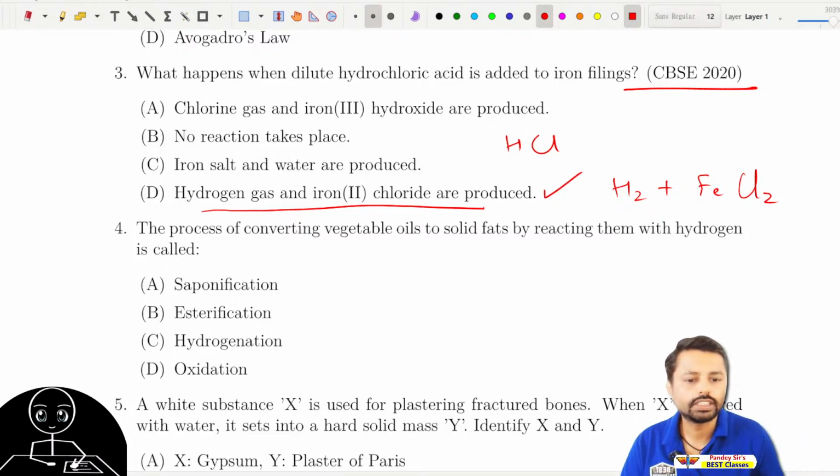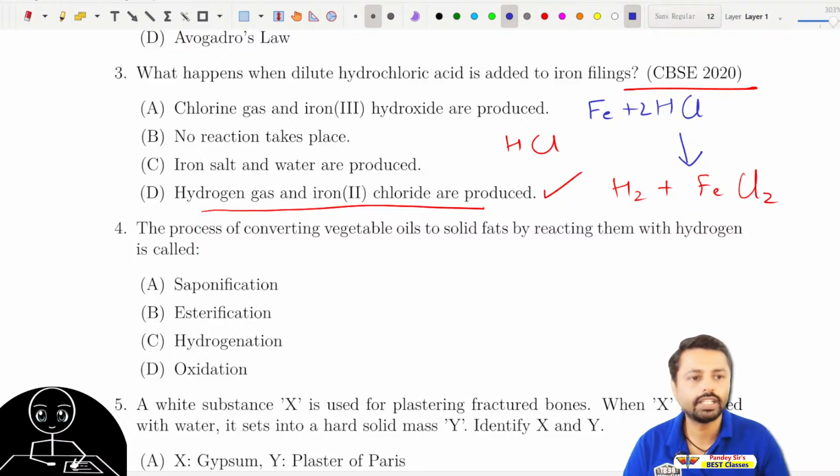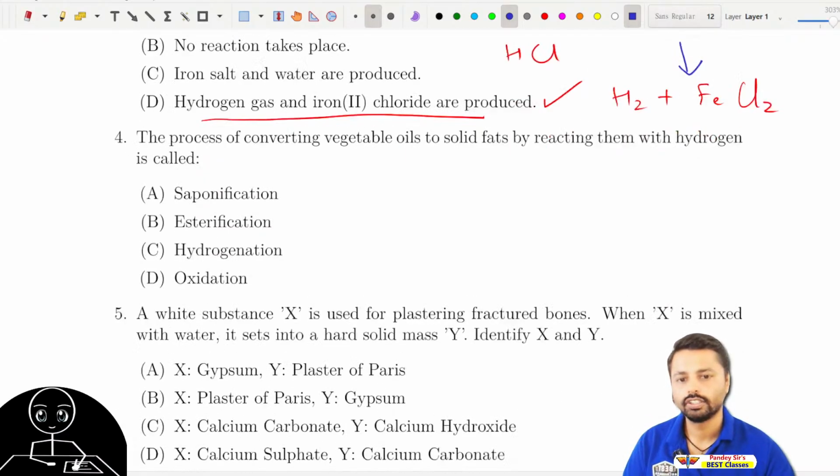Fe plus HCl will give you H2 plus FeCl2. So let's make it 2, and yes, it seems to be correct, balanced. So this is correct. Now, are you ready for the third one? So try the third one. 5 seconds again.